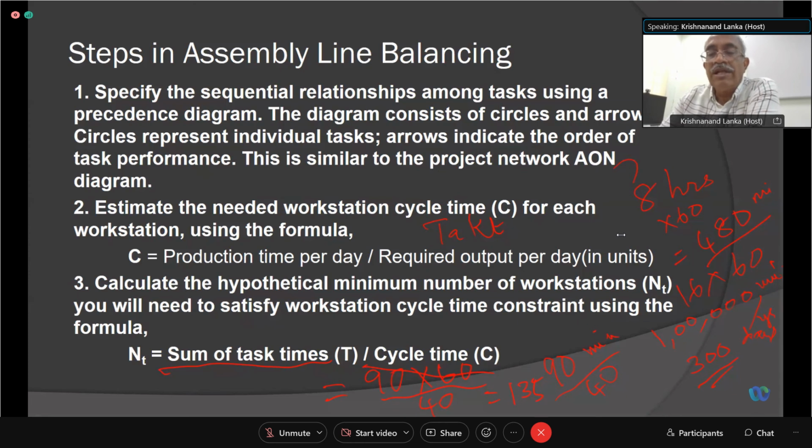You do not solve it in one go. You end up with certain workstations taking more than the time, then you break your head on how to reduce that time for that particular workstation. Anyway, we are coming to those strategies in the subsequent slides.